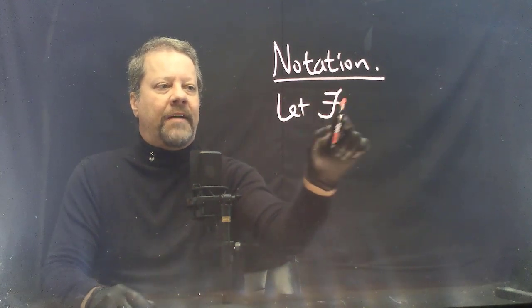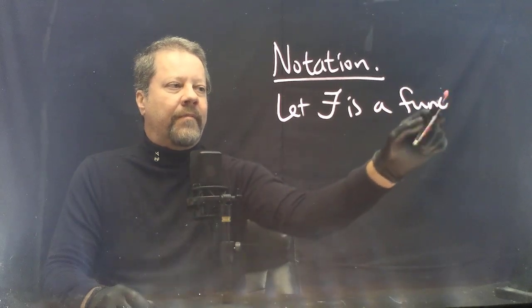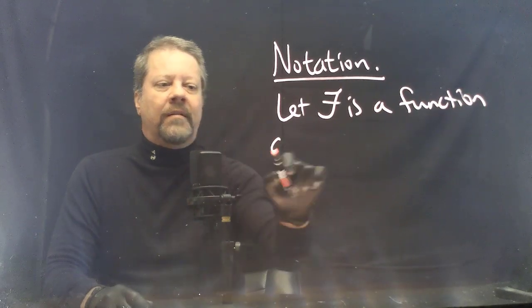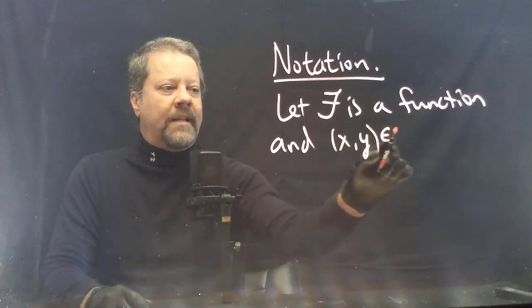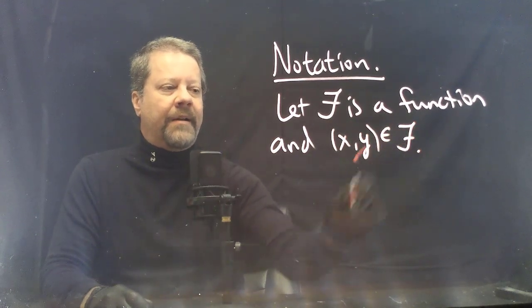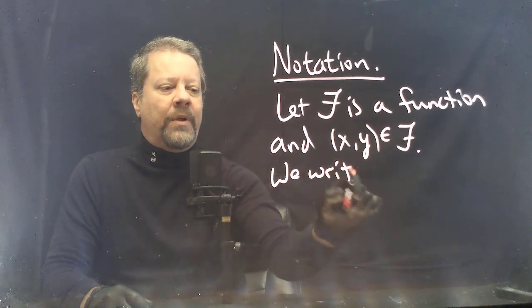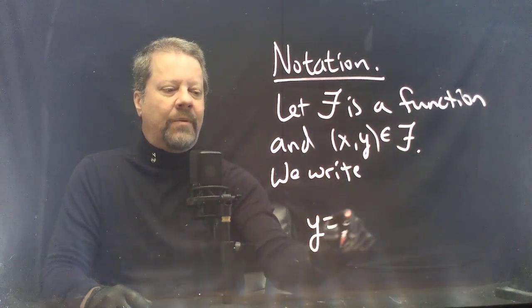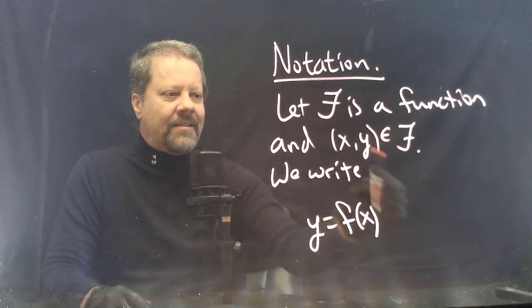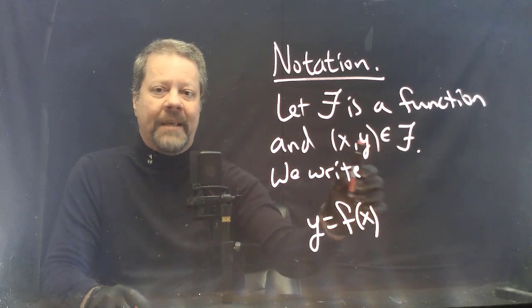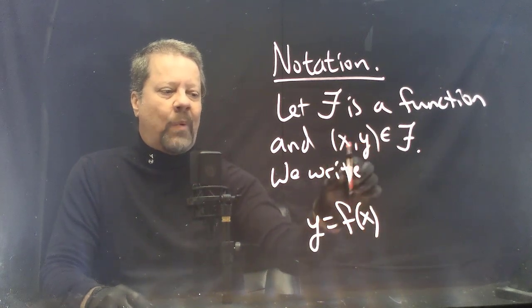There's a notation. Let's suppose that f is a function and some point (x, y) is an element of this set of ordered pairs. We usually write y equals f of x. So just because the point (x, y) is in here means that associated with this x we have this y.